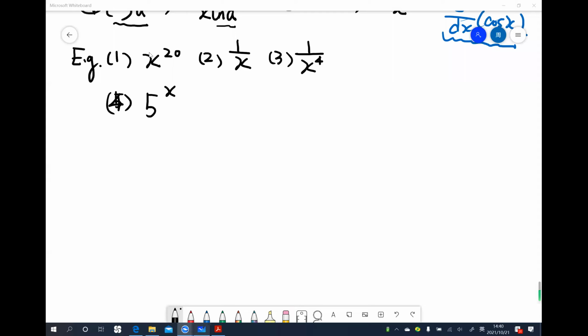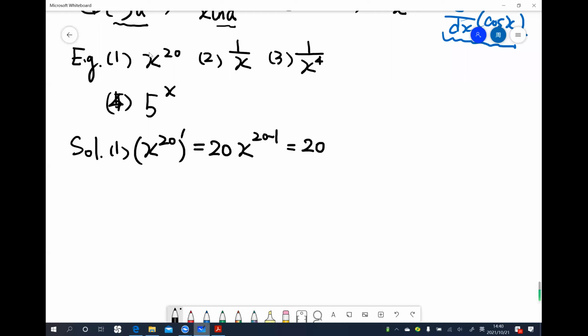So we will see here. The first two are easy. First, x power 20 prime equals 20 x power 20 minus 1, so that equals 20 times x power 19. And the second one, 1 by x prime, that equals x power minus 1 prime.